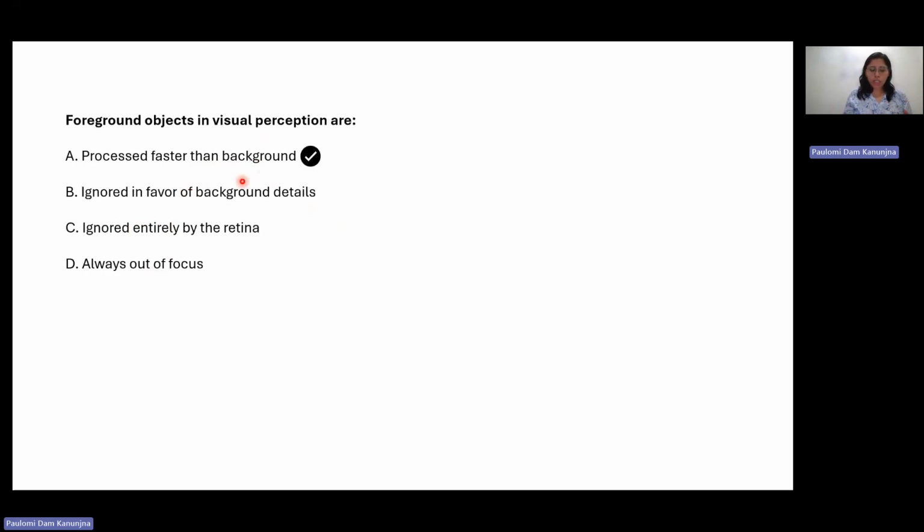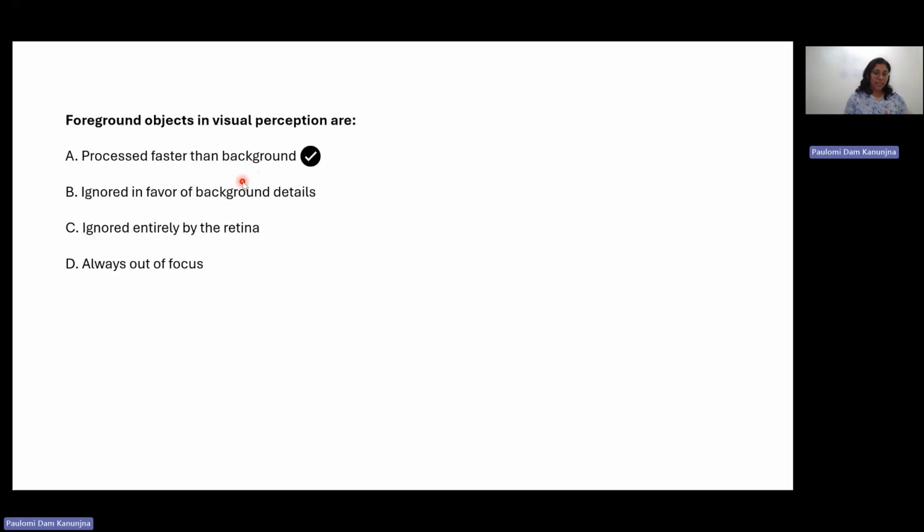Let's say you are walking, and there are obstacles in front of you. Imagine you're standing somewhere looking into a vast expanse. There is a line of trees there. The trees in the back are processed, you do see them, but what you see clearly are the trees and the bark in front of you.